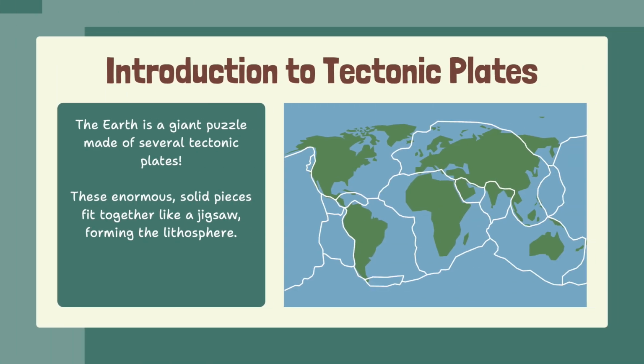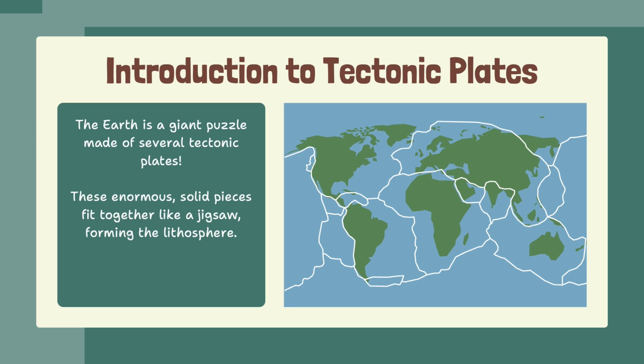And now we move on to the introduction of these tectonic plates, where we can essentially say the earth is like a giant puzzle, and it has pieces that fit together like a jigsaw. The outer layer of the earth's crust, we can call the lithosphere.